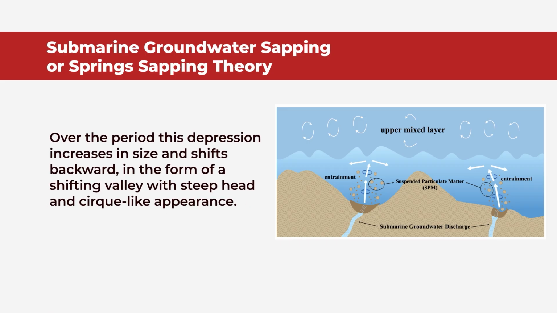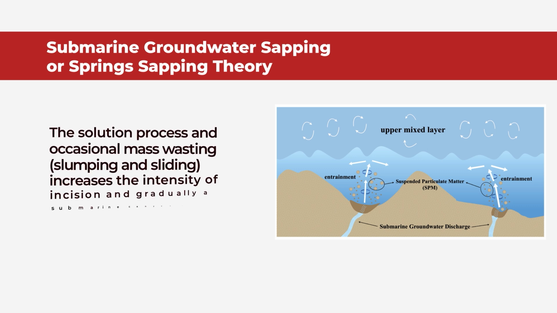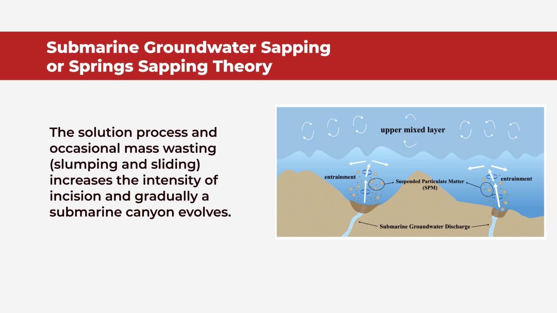Over the period, this depression increases in size and shifts backward, or you can say headward, in the form of a shifting valley with steep head and cirque-like appearance. The solution process and occasional mass wasting in the form of slumping and landsliding increases the intensity of incision, and gradually a submarine canyon evolves.